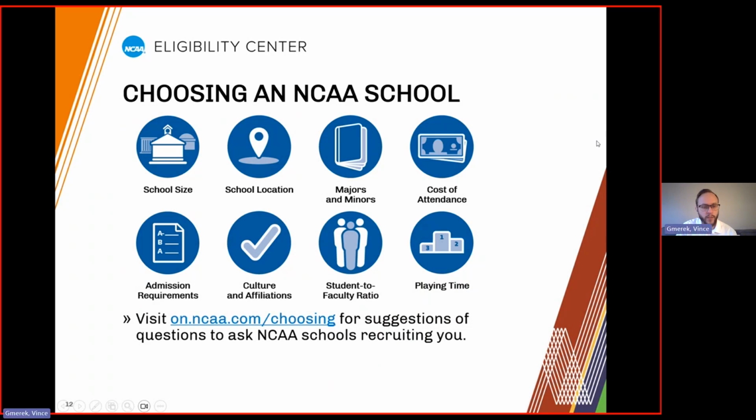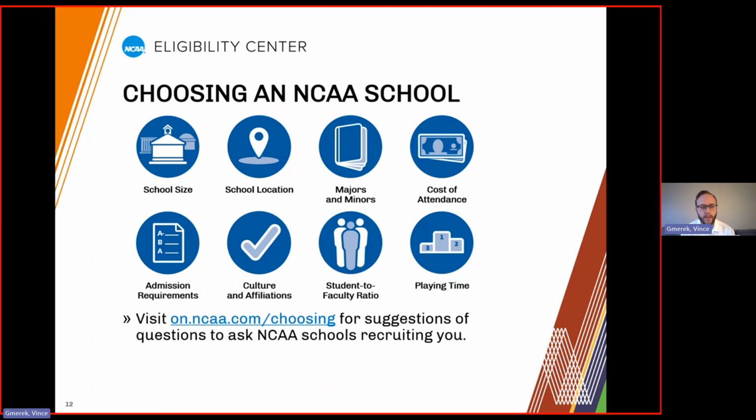So again, another question we often get is, how do I pick a school? Here are some general options in terms of how you may want to pick a school. Ultimately, which school you choose to attend is completely up to you, and it can be guided entirely by whatever factors you deem most important. Some here, though, are school size, school locations, types of majors and minors.